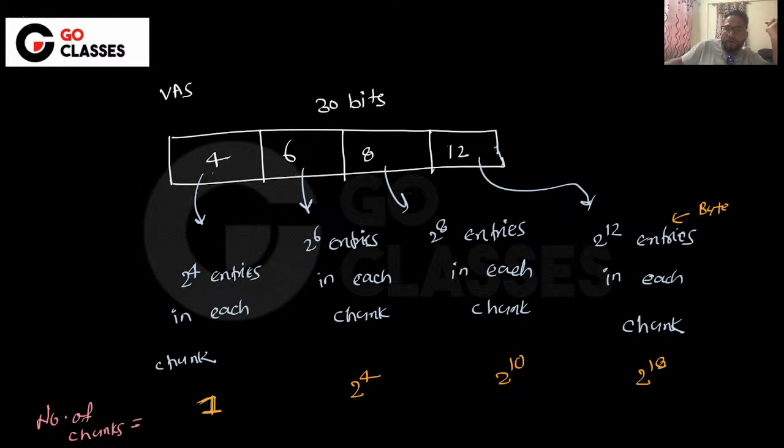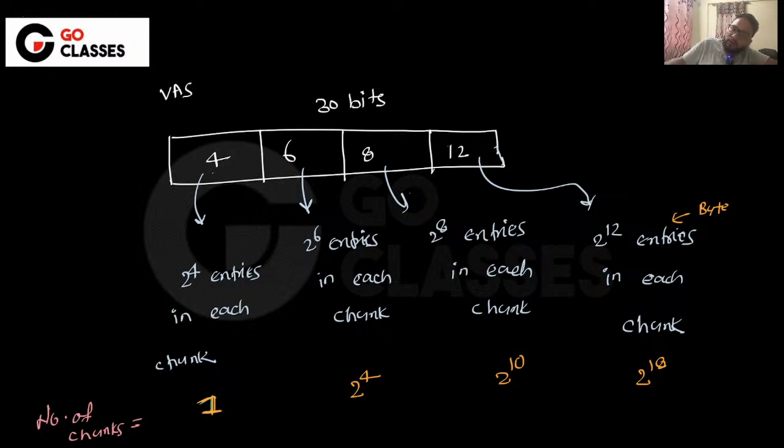Let me know if this particular diagram is clear. That is just one aspect. First, it has to be clear to everyone. Henry, is this clear to you? The number of chunks and the number of entries in each chunk should be clear, right? In each chunk, it is not the total number of entries.